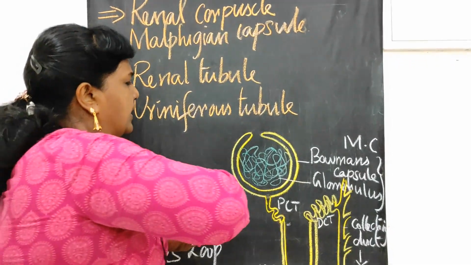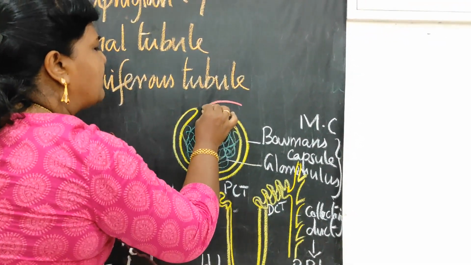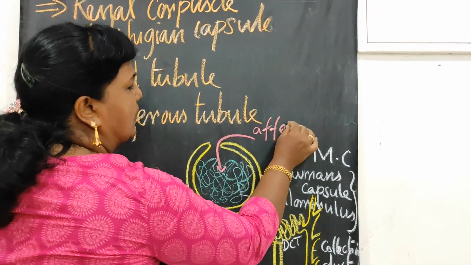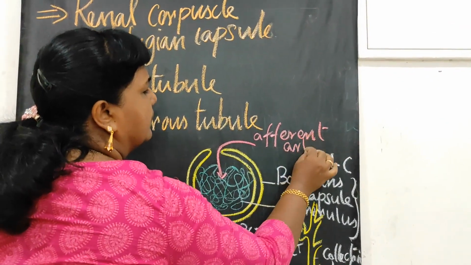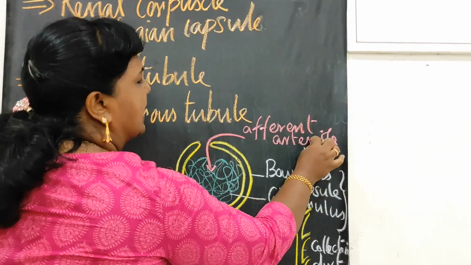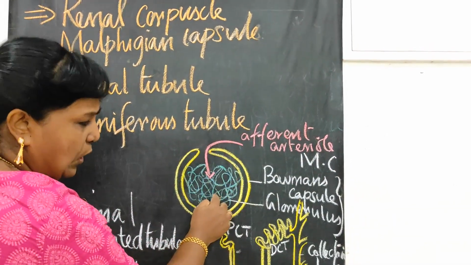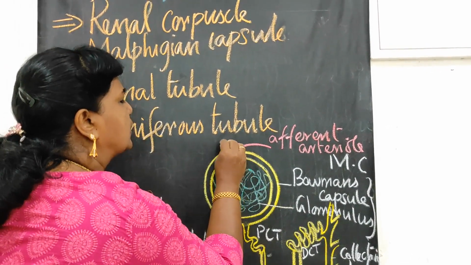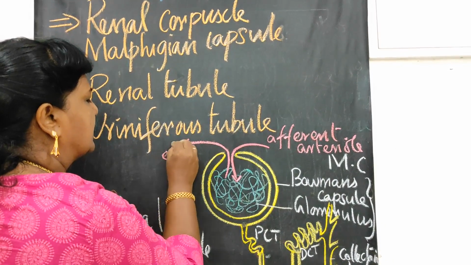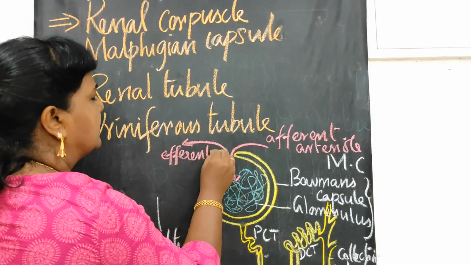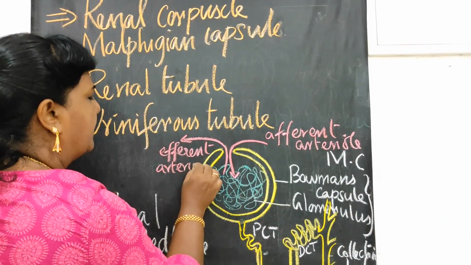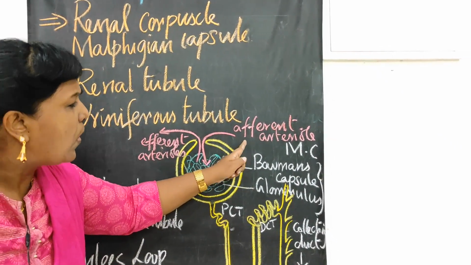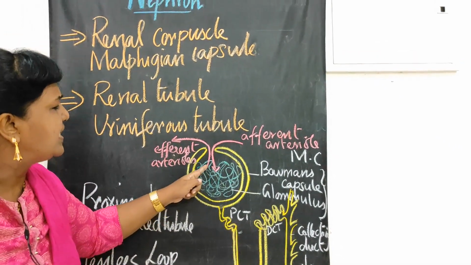Now here the afferent arteriole brings the blood into the glomerulus for purification. And the filtered blood is taken out through the efferent arteriole. So the blood is taken into the glomerulus through the afferent arteriole, and the filtered blood is taken into the body through the efferent arteriole.